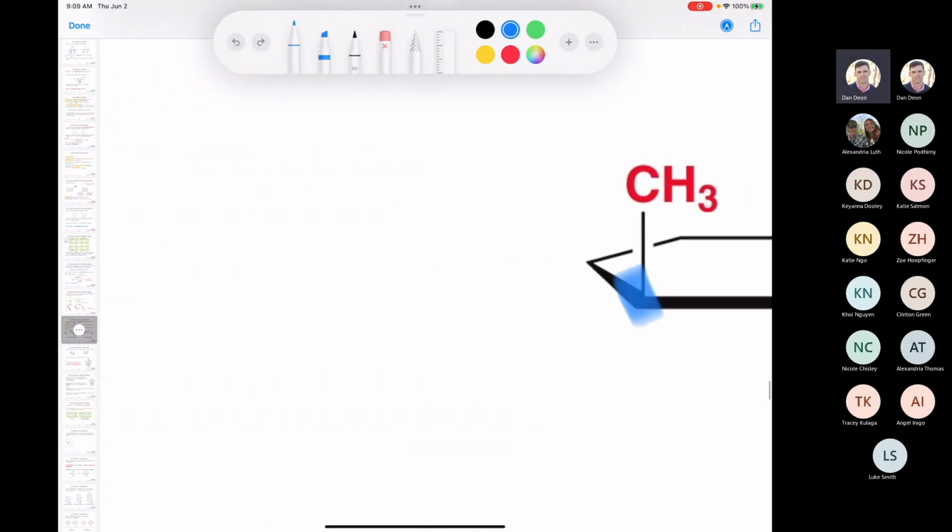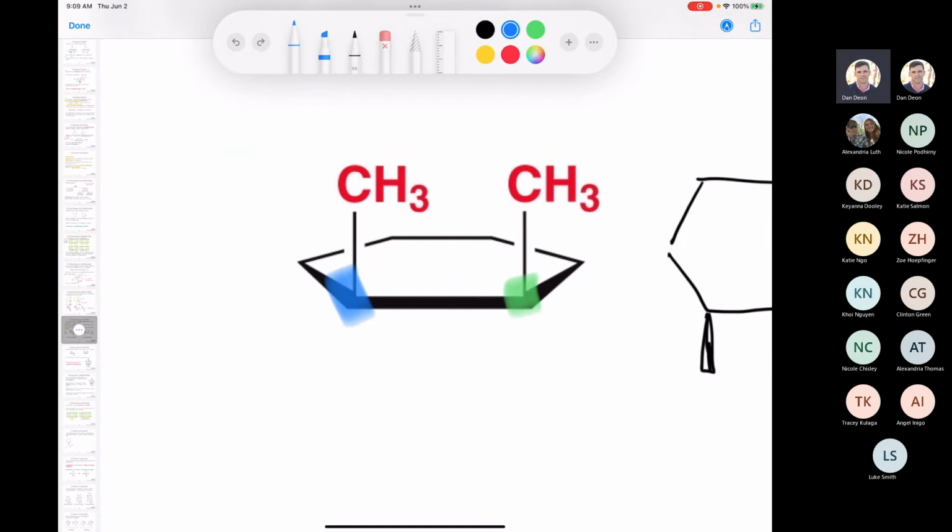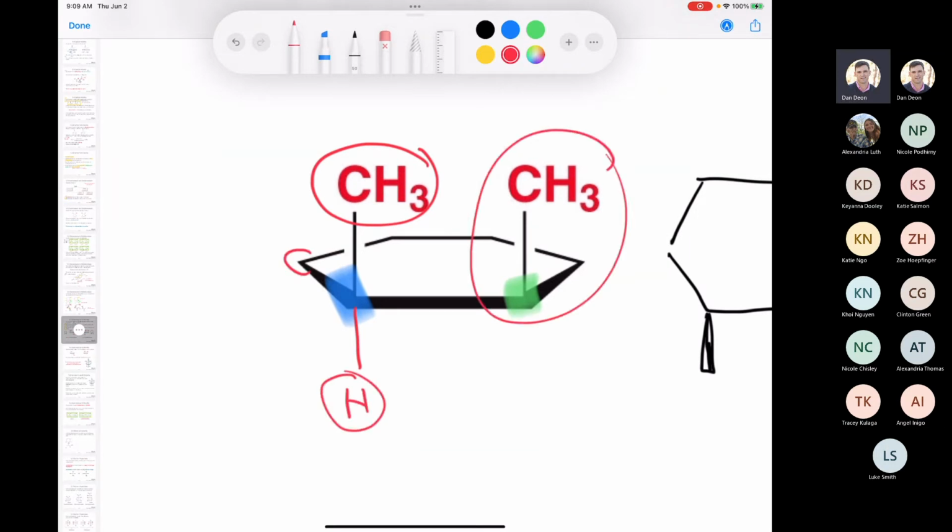Let's go over to the other molecule, the carbon in blue. Let's do that one. That carbon is attached to a methyl group, a hydrogen that's pointing down, a carbon with a methyl group on it, and a CH2. That is a chiral center. Same rationale, isn't it?